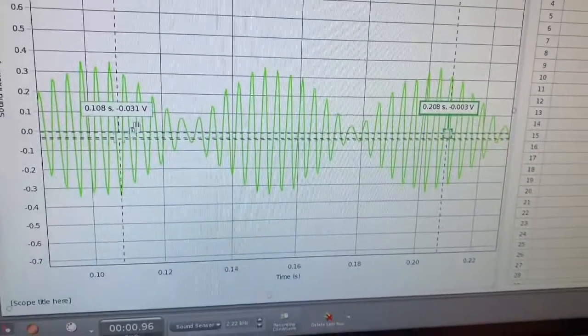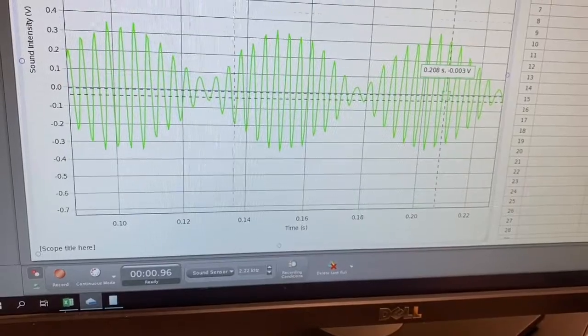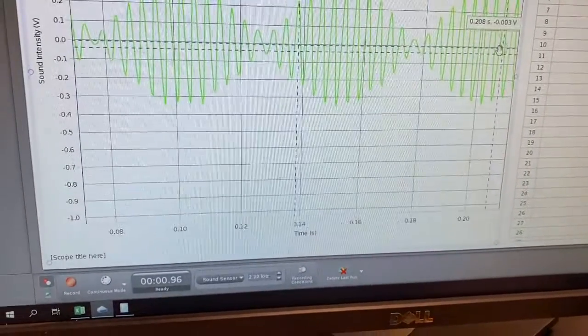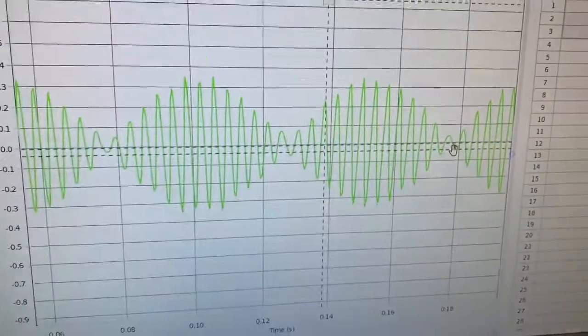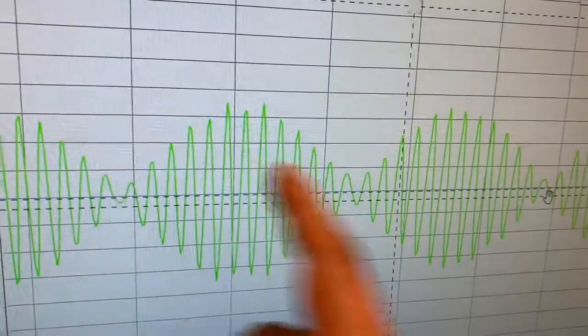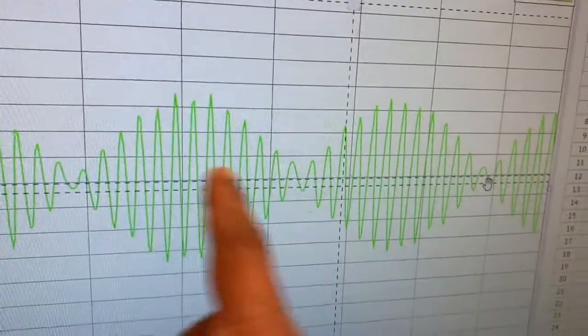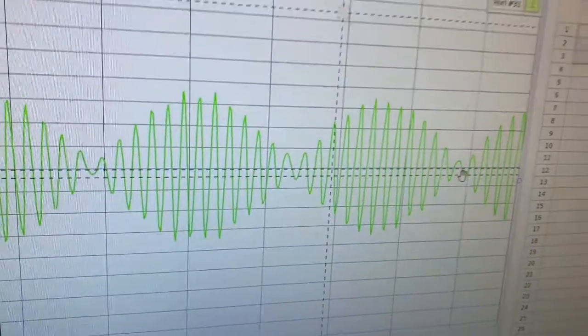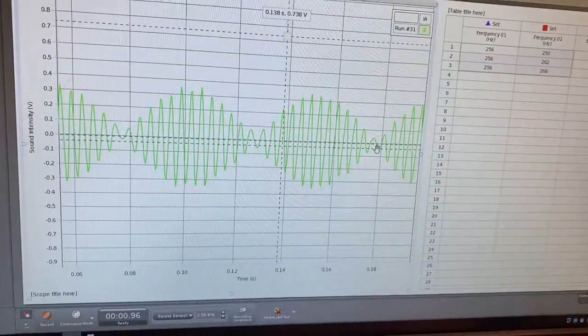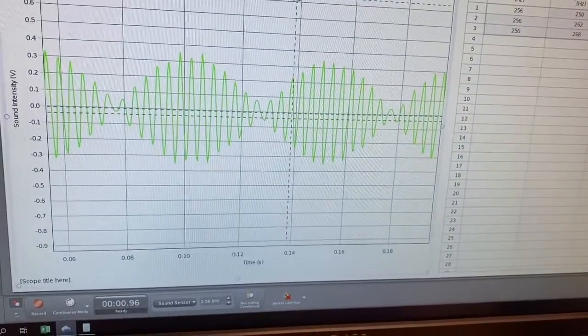Alright, so I'm going to calculate the beat frequency. To get the beat frequency, what we need to do is get the time from here to here, that is the period of the beat. Then if you know the period, you can calculate the frequency. So let me get the values.